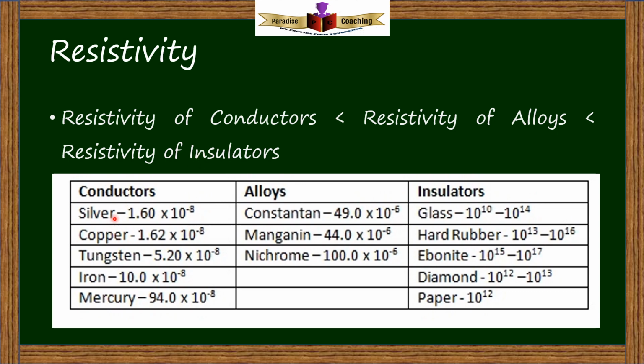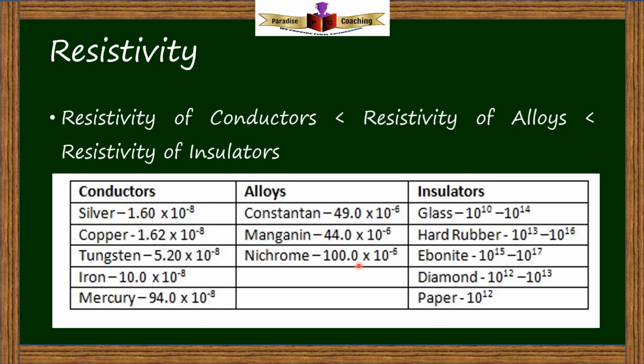As you can see, this table also indicates it very easily. For example, silver, as a conductor, has a resistivity of 1.6 into 10 raised to minus 8 ohm meters, whereas alloys have, for example, take any one, nichrome, 100.0 into 10 raised to minus 6.